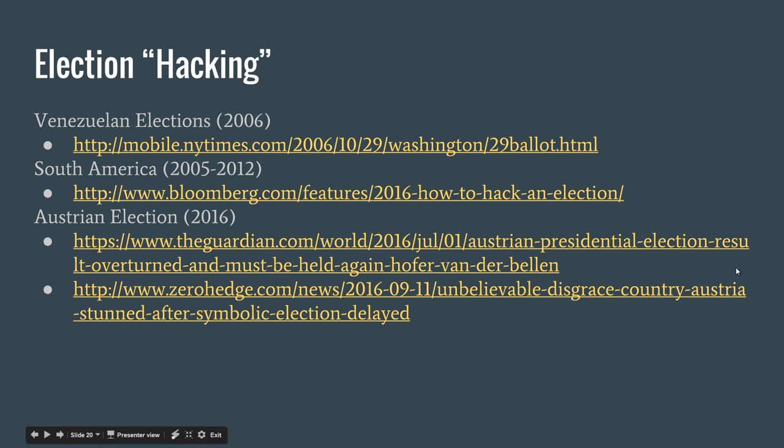Now to cover the incredibly controversial developments in election hacking and election rigging around the world. These events go back as far as 2005 and 2006. To start off, the 2006 Venezuelan election was extremely suspicious. It was upheld, and it kept the incumbent parties in power, which is usually how the results always happen.